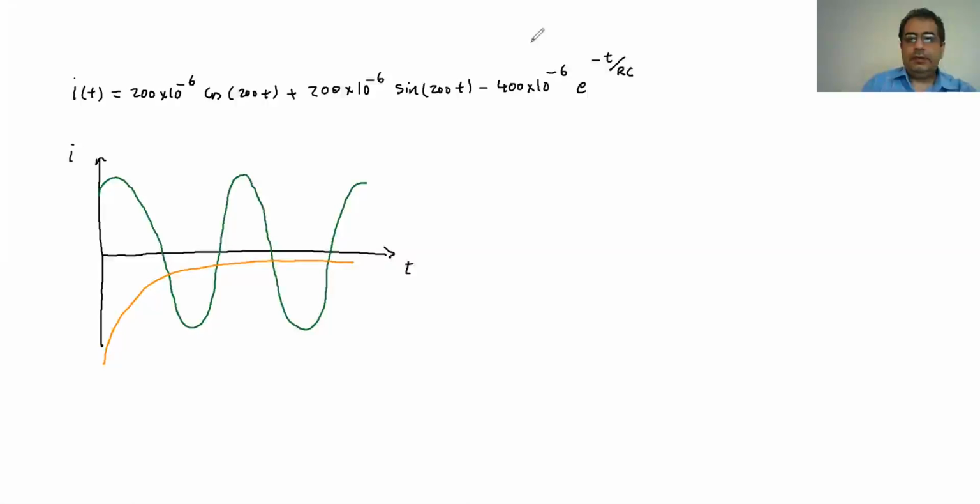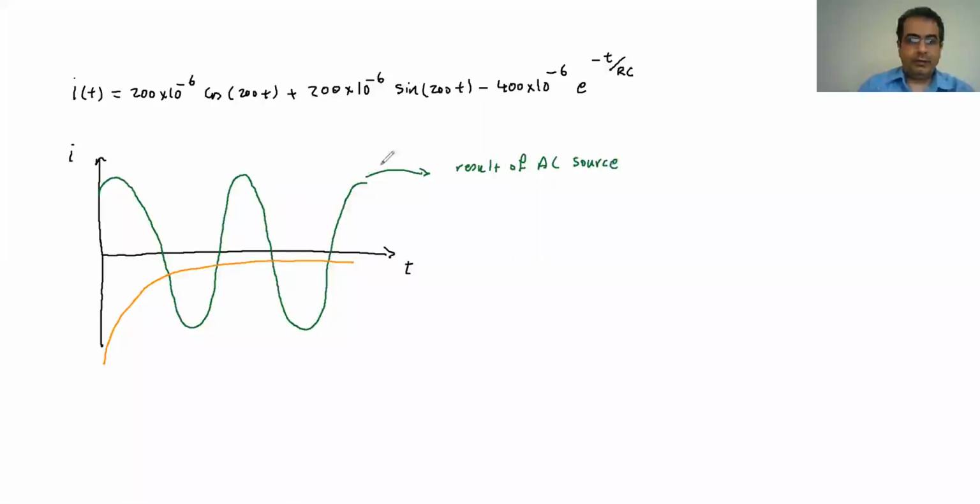The green line that we have is the response to the source. It is the result of the AC source.